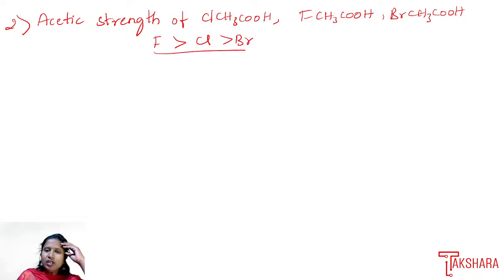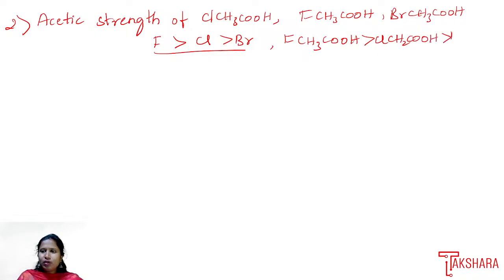Whatever groups are attached to this, we can write FCH2COOH, fluoroacetic acid, and fluoroacetic acid will be more acidic than ClCH2COOH, than BrCH2COOH. So we can give the order like this.